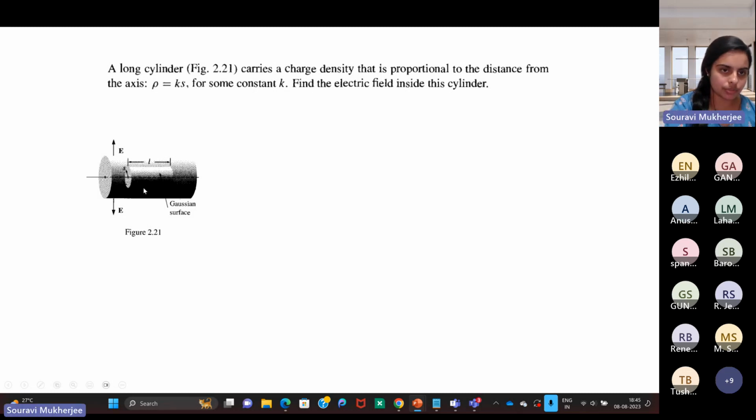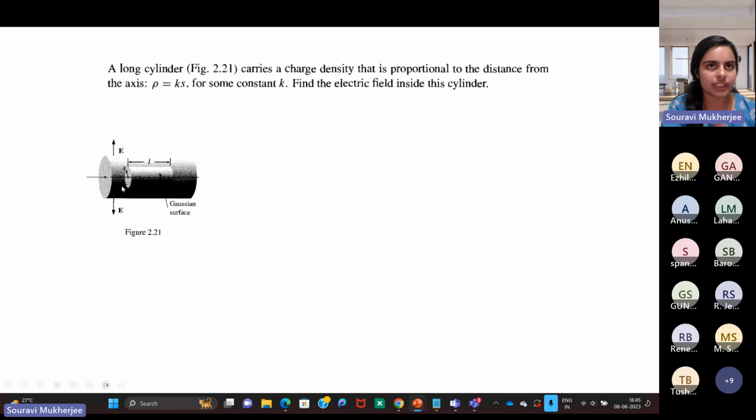So from symmetry arguments, you can see, right? You have some charge inside this volume, and it has a symmetry over this axis. So that means there would be field lines in this direction, emanating from the axis, and then field lines in this direction, right? So it would all start from the axis and move in the radial direction, right?